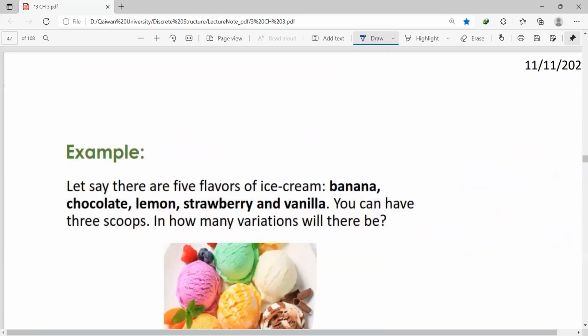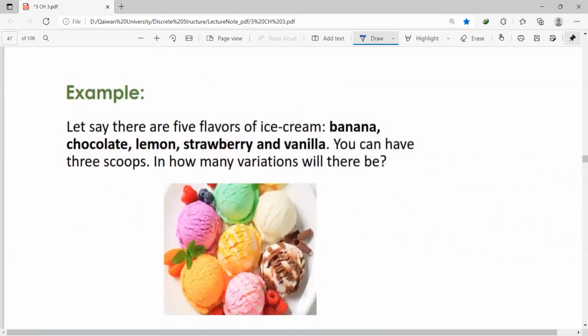Okay, here we have an example. Let's say there are 5 flavors of ice cream: banana, chocolate, lemon, strawberry, and vanilla. You can have only 3 scoops.